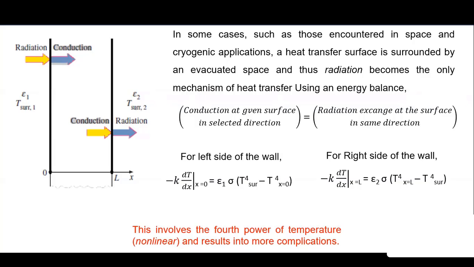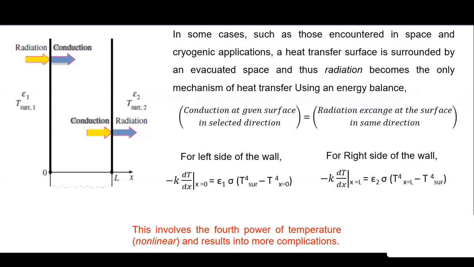Or if you want to consider radiation, we can convert the radiation heat transfer for that surface and count it in terms of the convective heat transfer coefficient. In that situation the heat transfer coefficient will represent both the radiation heat exchange as well as the convective heat exchange, and that is conveniently done in many real life problems.